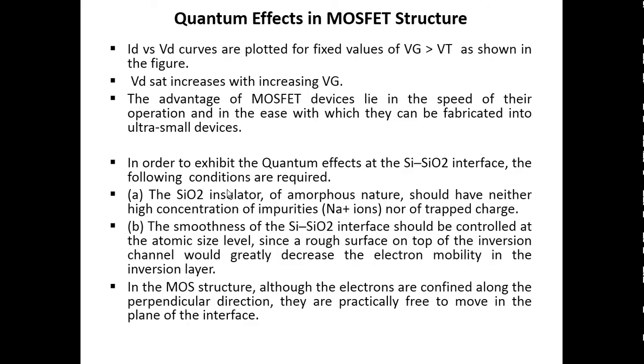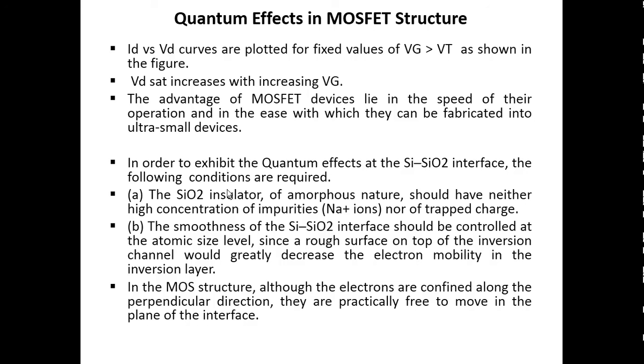So these two conditions must be satisfied in order to exhibit the quantum effects at the Si-SiO2 interface. What are they? The first is that the SiO2 material, the insulator gate oxide, which is amorphous in nature, should have neither a high concentration of impurities nor any trapped charge.